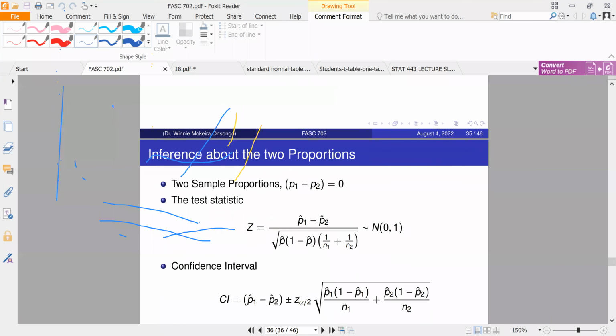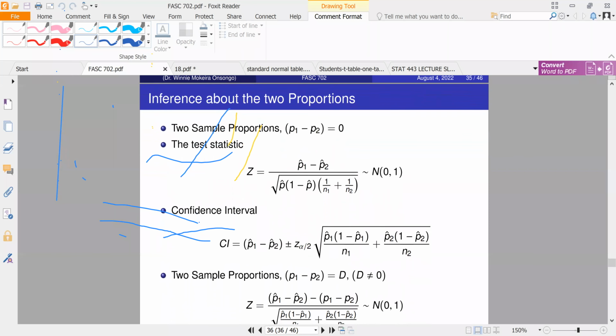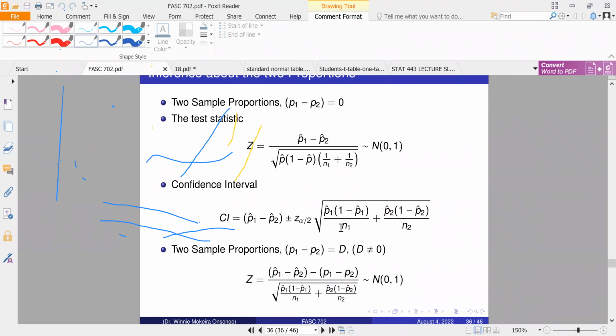So what we have here is the difference between two proportions. And again, here we are assuming that the form of independence is there. That means there are no interactions.